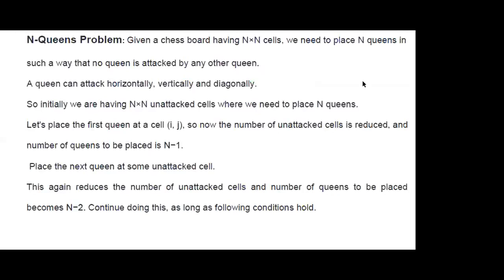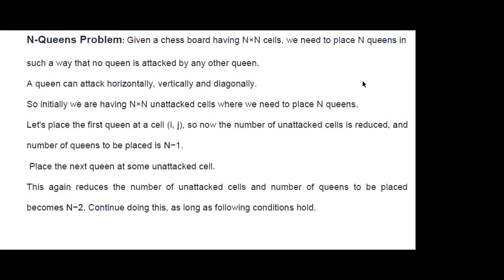There are various pieces in a chess game and the queen is one of them. The n queens problem is a popular problem based on the backtracking algorithm. So what is the problem?